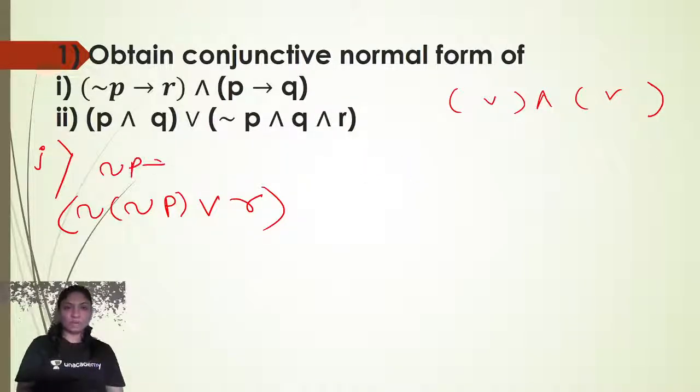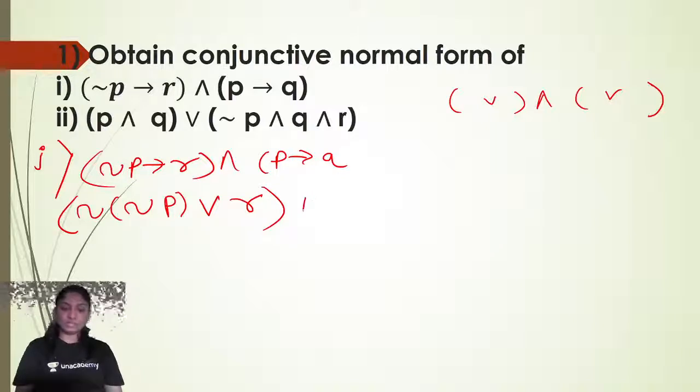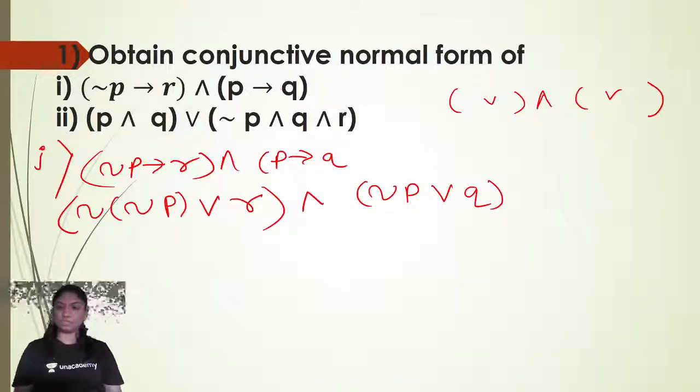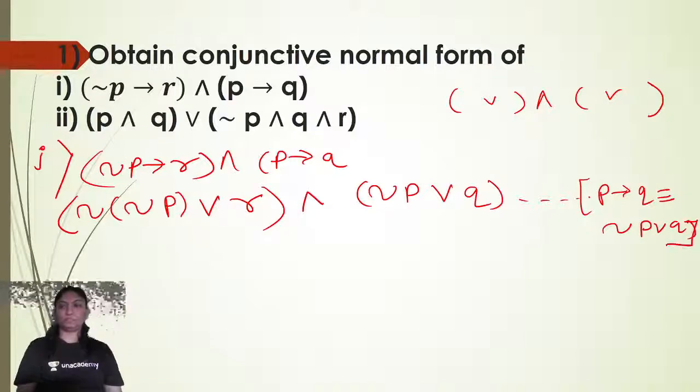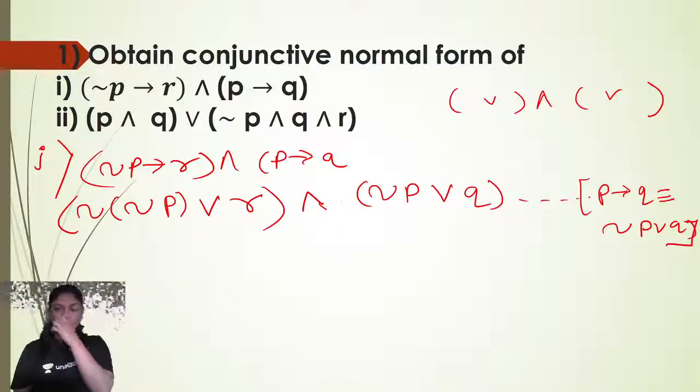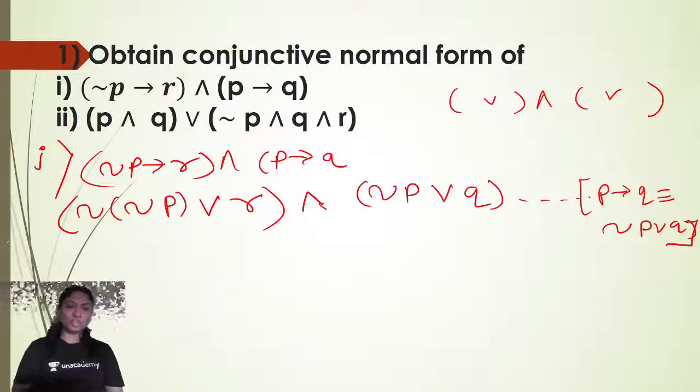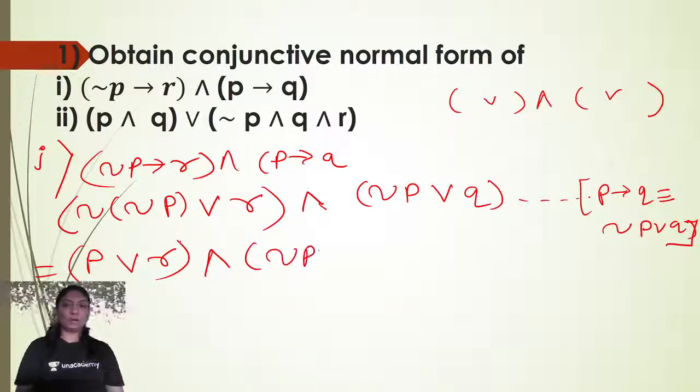See, negation of P implies R and P implies Q is equal to this, and negation of P or Q. Right, P implies Q means negation of P or Q. We have used this statement, P implies Q is equivalent to negation of P or Q. Now here negation of negation of P is P, or R, and negation of P or Q.